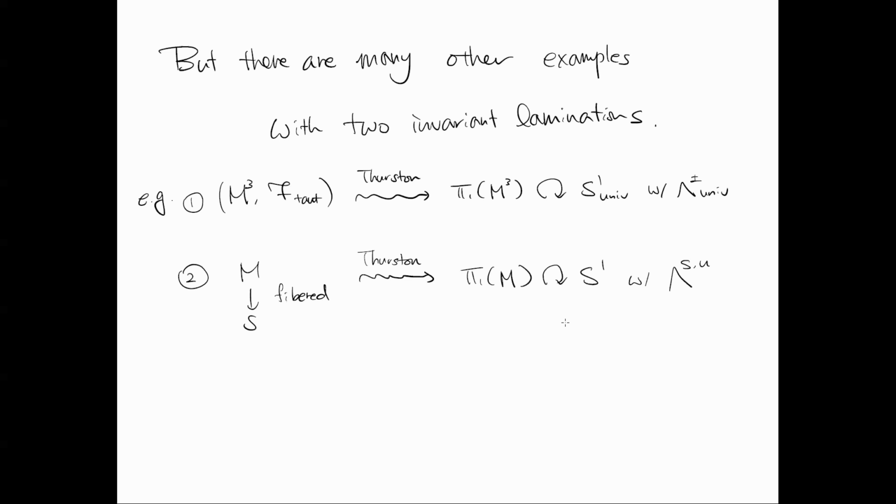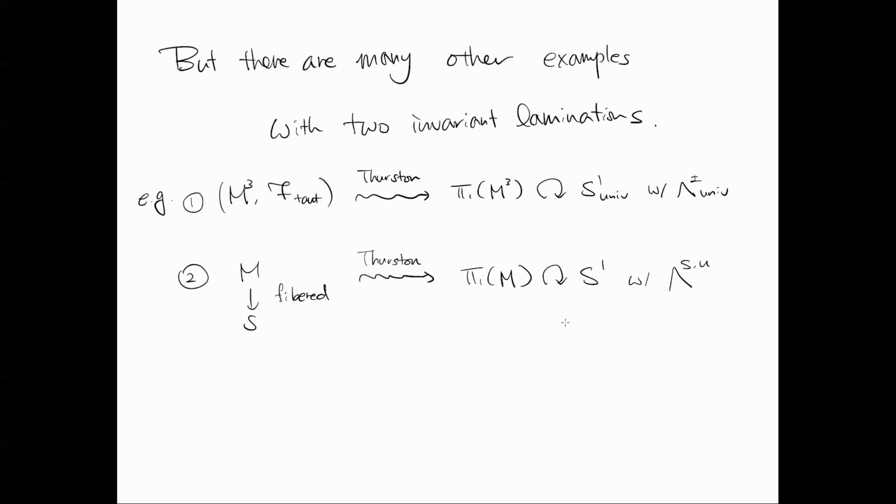Another example is the mapping torus case. If you have a 3-manifold obtained as in the example I gave you, surface cross interval glued using a surface homeomorphism, then this also has an action on S1 and has a pair of invariant laminations. In this case, they actually come from the stable and unstable laminations for the monodromy map, so if you know pseudo-Anosov homeomorphisms; if you don't, you don't have to for the purpose of this talk.